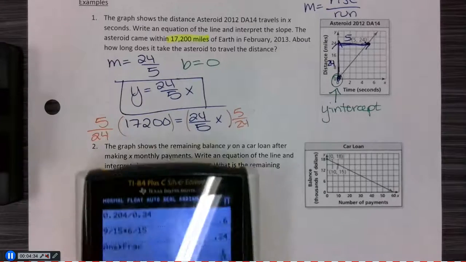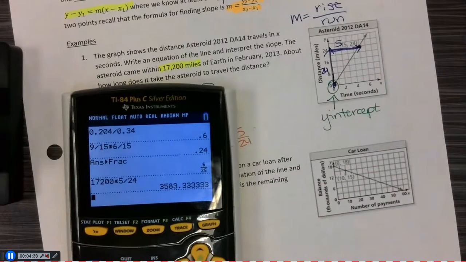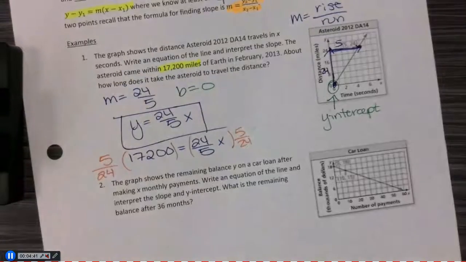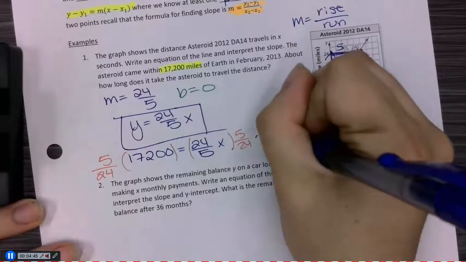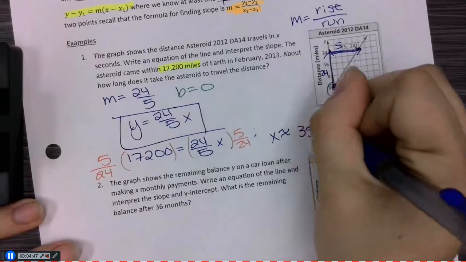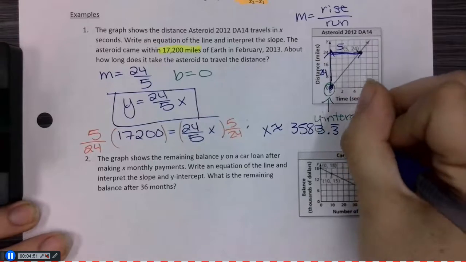So on my calculator, I divided, and I got 3,583.3 repeating seconds.